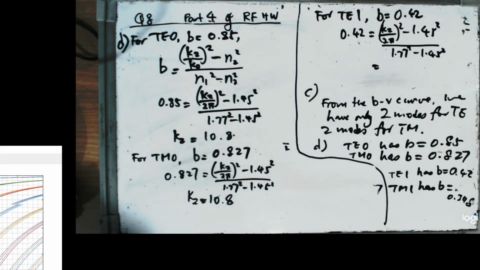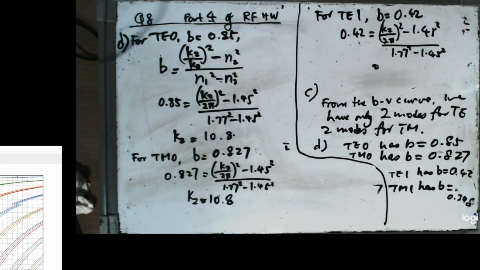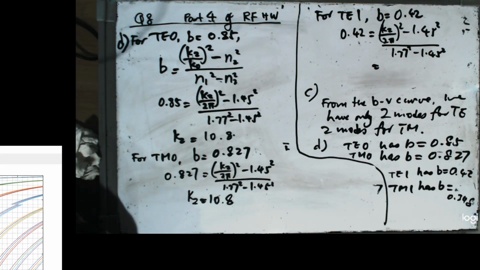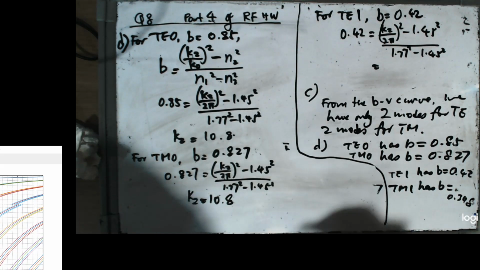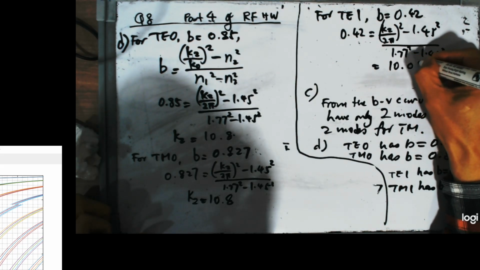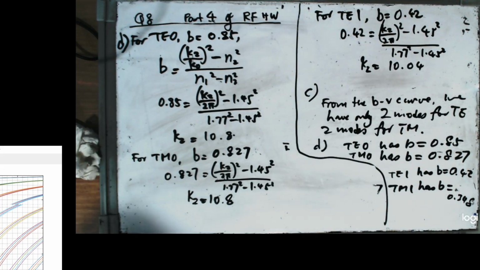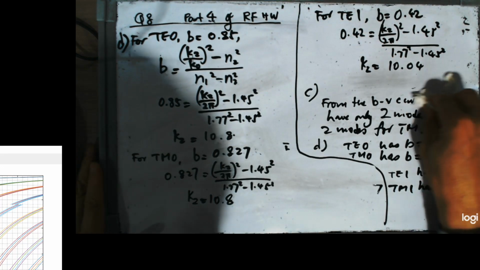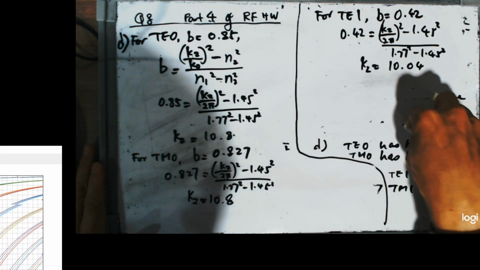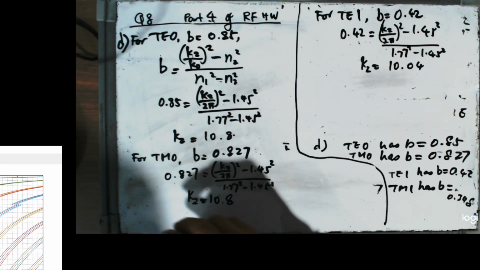And if you do it carefully, for 2, so we got 10. So kz is equal to this one.